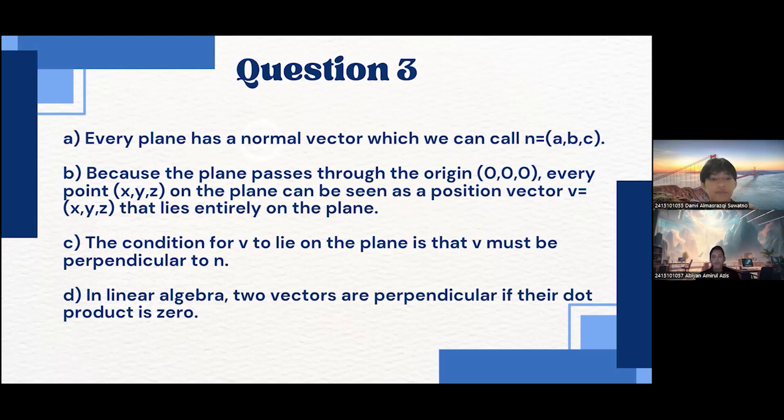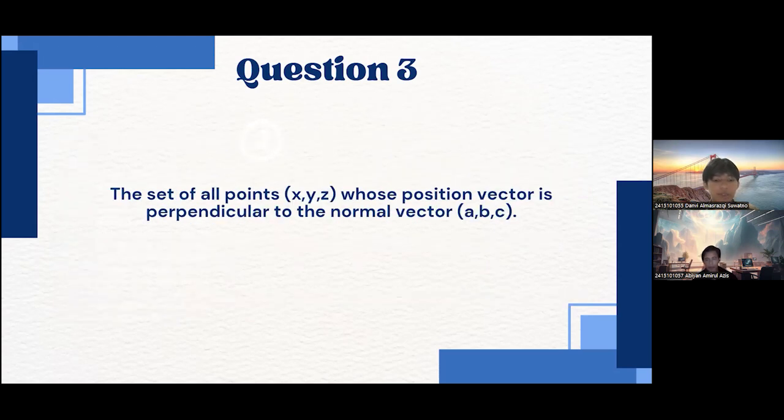Third, the condition for v to lie on the plane is that v must be perpendicular to n. And fourth, in linear algebra, two vectors are perpendicular if their dot product is 0. The equation is the mathematical way of saying the set of all points (x, y, z) whose position vector is perpendicular to the normal vector (a, b, c).